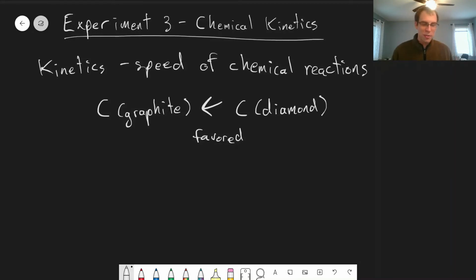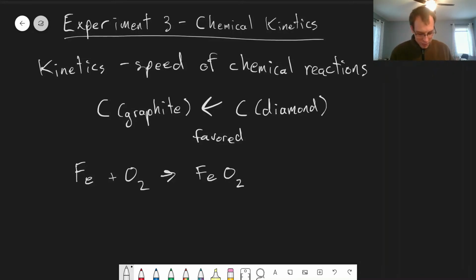Some other examples, one example that's mentioned in the lab write-up is iron rusting, right? Iron plus oxygen going to iron oxide. I may have the stoichiometry wrong here.